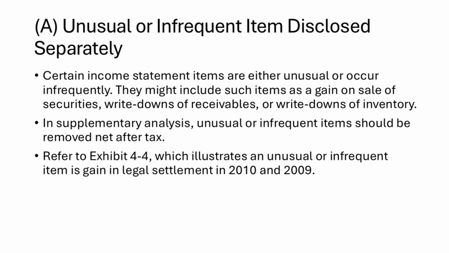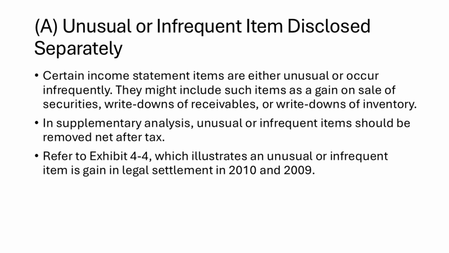These items are shown with the normal, recurring revenues and expenses, and the gains and losses. If material, they will be disclosed separately before tax. Unusual or infrequent items are typically left in the primary analysis because they are related to operations.